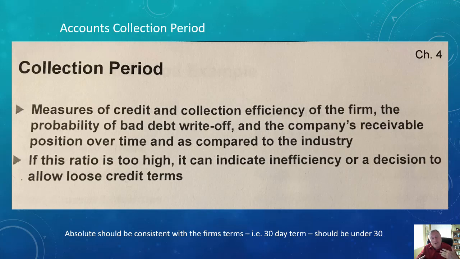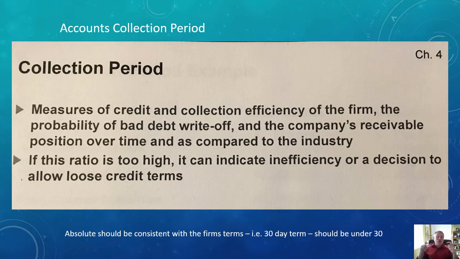But we need to look at it over time to see whether something is getting better or worse, and compare it to the industry. What is the industry doing? If the ratio is too high, it can indicate inefficiency or a decision to allow loose credit standards. So you need this balance.